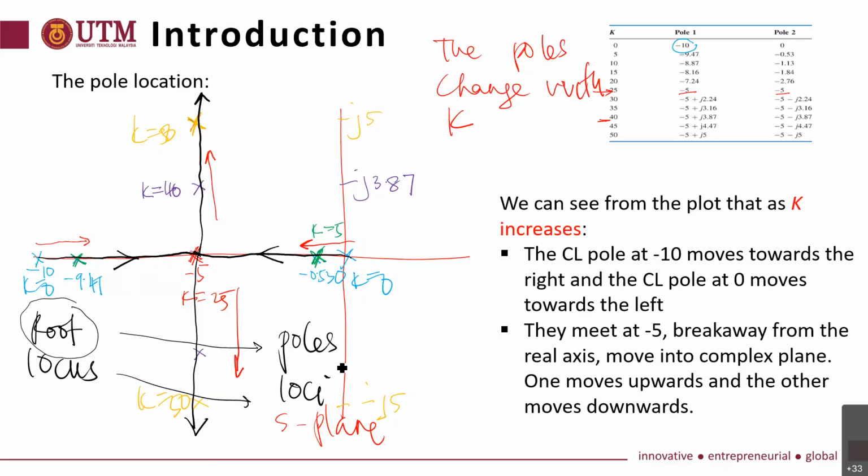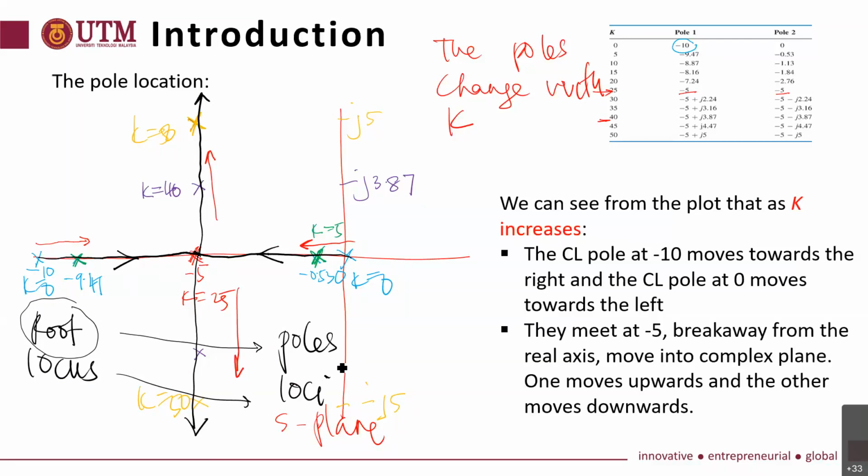Okay, so basically, I will stop here. We will continue later. Basically, root locus is showing the movement of the closed loop pole, because in the beginning we got the closed loop transfer function.